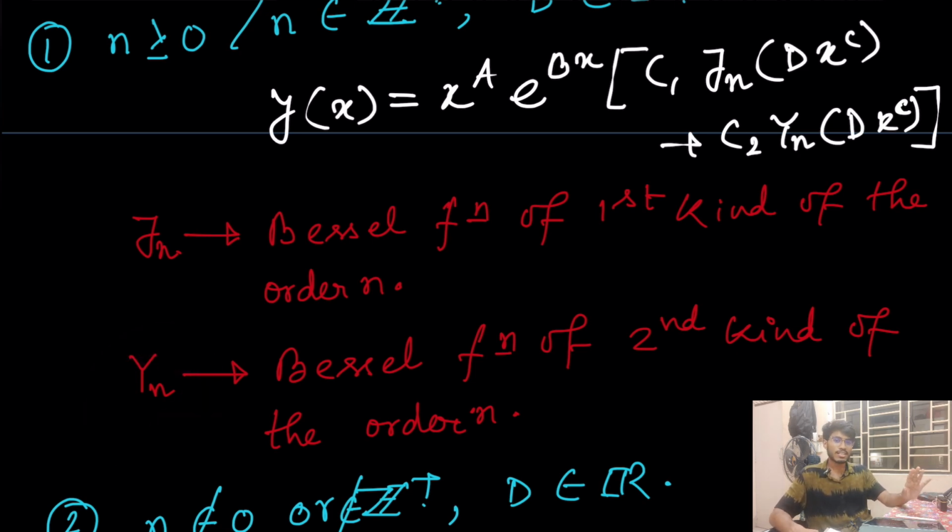Honestly, as an engineer you don't need to think about these things, because your task is to formulate the problem, to model the problem. After that the equation can be solved by any mathematical software or any good mathematician.